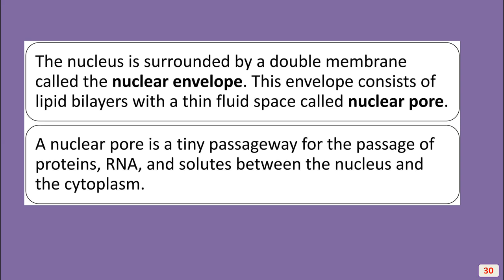This envelope contains lipid bilayers with a thin fluid space, and a nuclear pore is a tiny passageway for the passage of proteins, RNAs, and solutes between the nucleus and the cytoplasm.